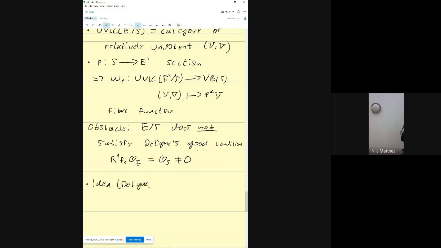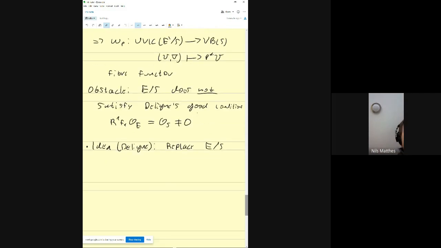So this was also suggested by Deligne. You can get around this problem by replacing the elliptic curve E over S by the universal vector extension of E.